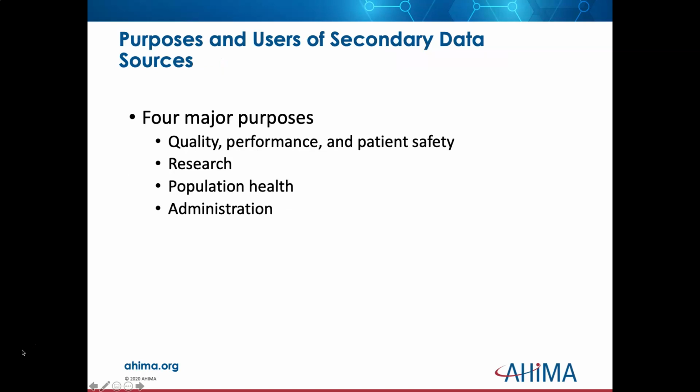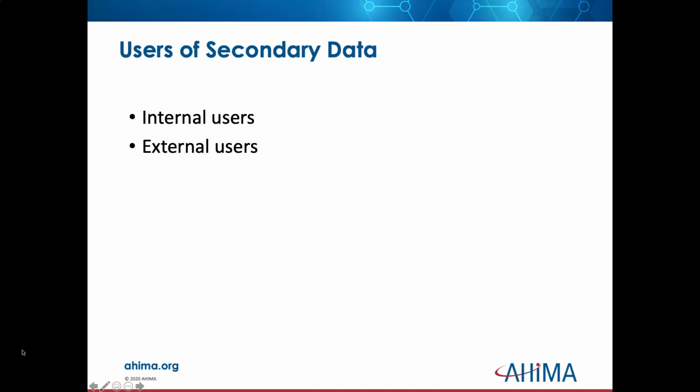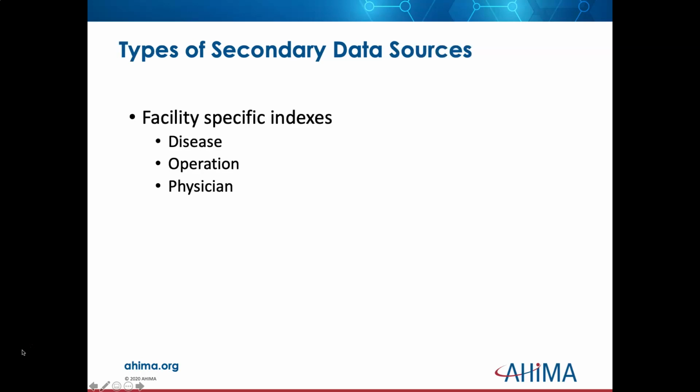What is the purpose of secondary data sources and who are the users of that information? There are 4 major purposes: quality, performance, and patient safety, research, population health, and administration. And those are also users of it, obviously. You can have internal users within the organization and external users outside of the organization.